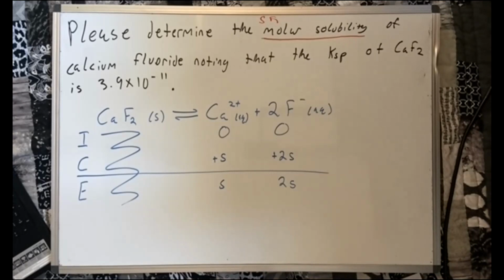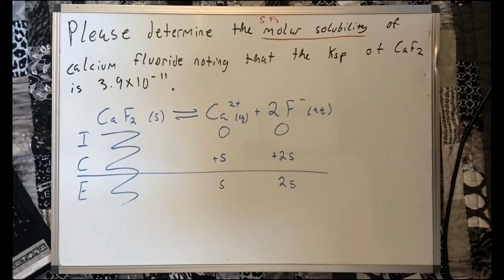Are we just supposed to know that CaF2 is a solid? You could check your solubility rules. So if we go back over to the worksheet, where is it?